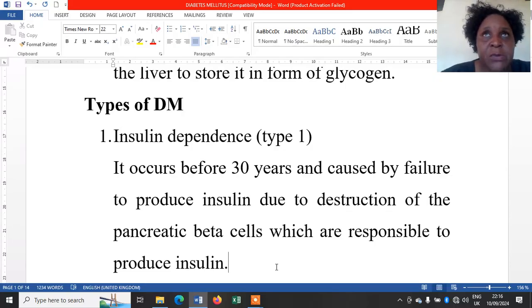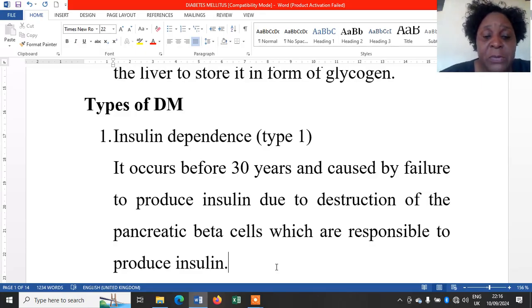Insulin dependency, we are looking at the word dependency, that this patient is fully dependent on exogenous insulin, that her body cannot produce any insulin. That is failure to produce insulin.